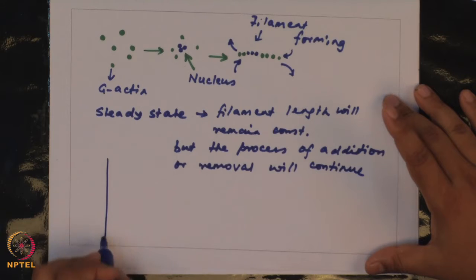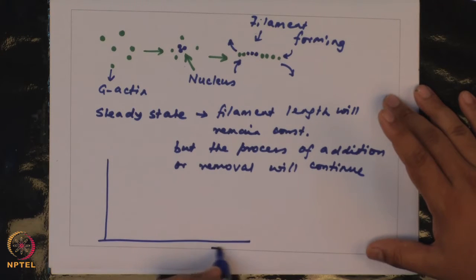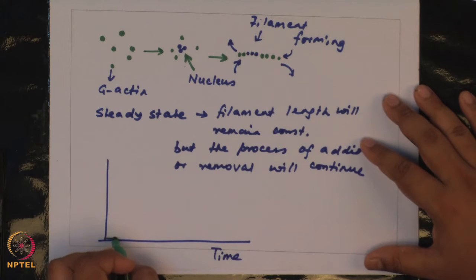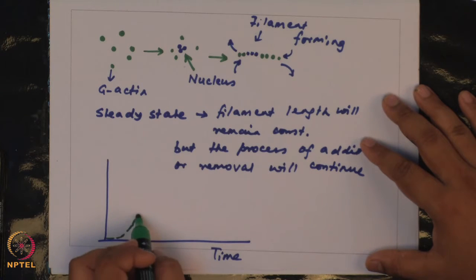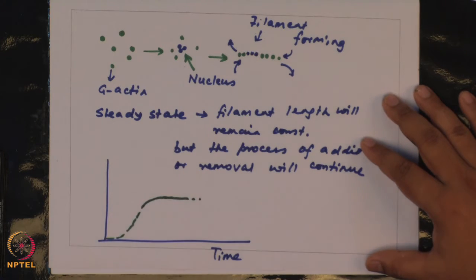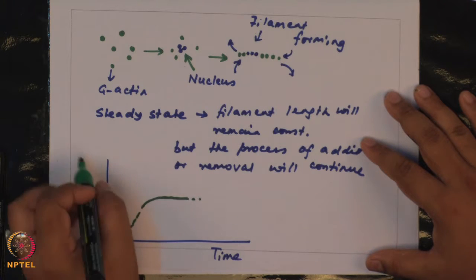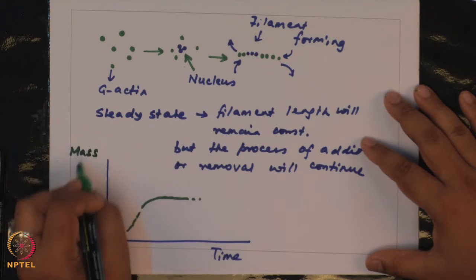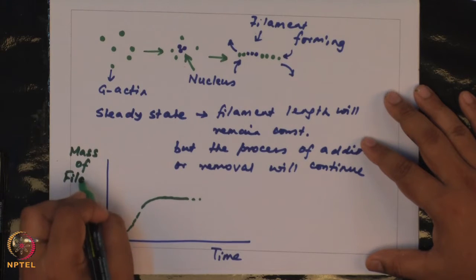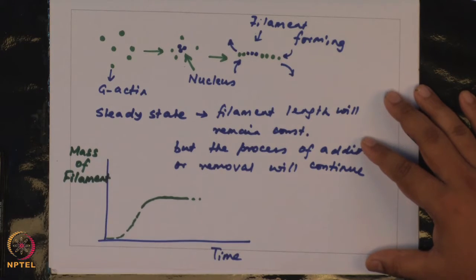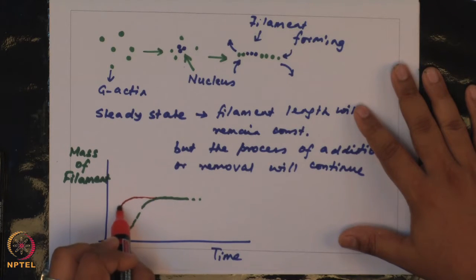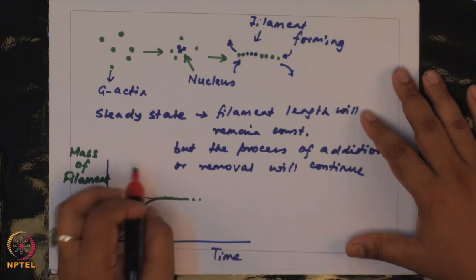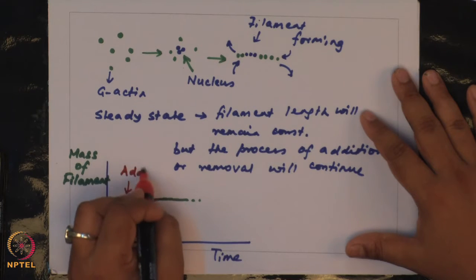If I were to plot it in terms of time, it takes quite some time for these monomers to come together to form a nucleus, and then once the nucleus is formed, you have quick formation of a filament. My y axis is the mass of filament, or filament content. But if I provide a nucleus, then this process is much hastened. So, this is when you add a nucleus.